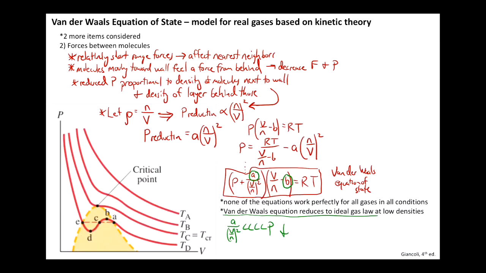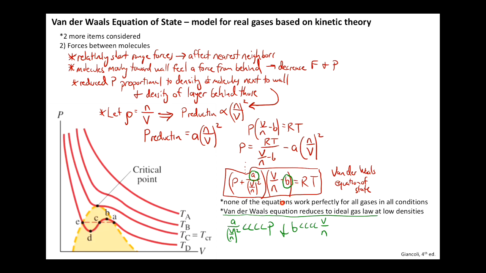And also, B is going to be much, much less than V over N. If those are really small, this whole part of the equation goes away, the B goes away, and then I just have P times V, and we can multiply the N up the other side, equals nRT.